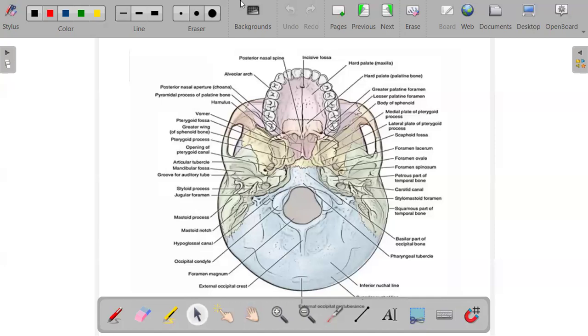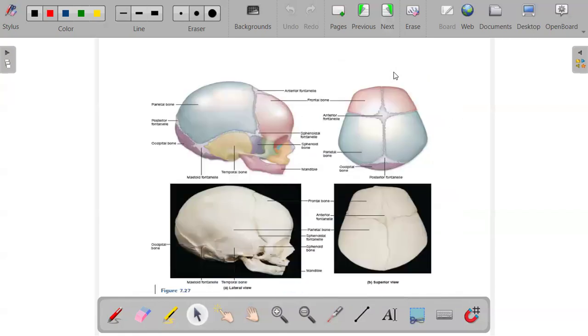There are 6 fontanelles at birth, situated at the 4 angles of the parietal bones. 2 are median, the anterior and the posterior, and 4 are lateral ones, found on each side, the sphenoid and the mastoid. So we have the anterior fontanelle, the posterior fontanelle, and the sphenoid as well as the mastoid fontanelles. Let me just display the skull of the newborn.